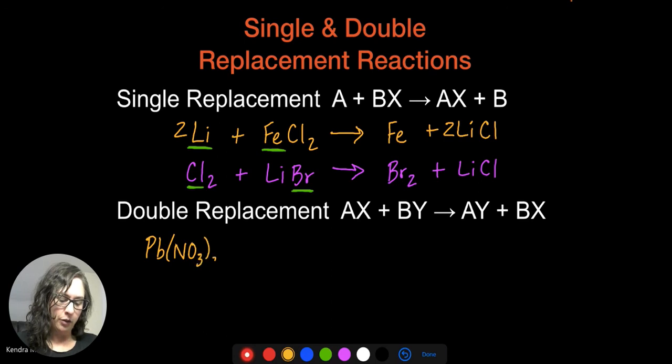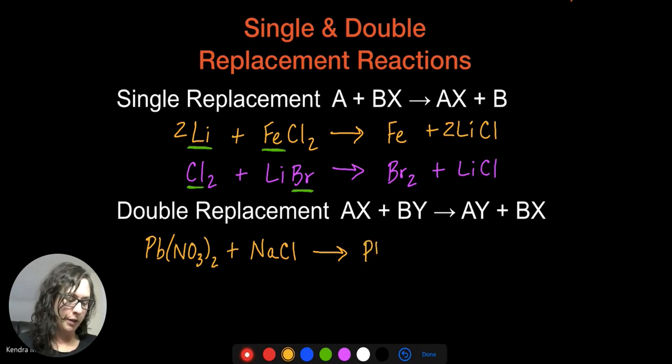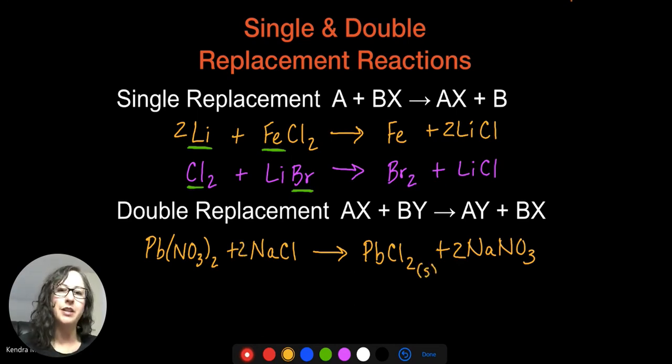In this case, we're going to react these, and we'll get PbCl2 plus NaNO3, and then we have to go through and balance this reaction. We know this is actually a solid, everything else is aqueous, and this is a precipitate reaction. I hope that's helpful for you for an overview of the 5 different major types of chemical reactions.